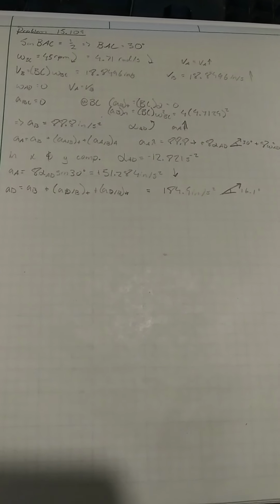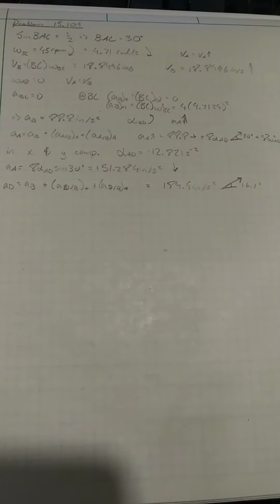And then at BC, we get a sub B tangential equals BC times alpha equals 0, and our a sub B normal, which equals BC times omega sub BC squared, which we can solve and get our a sub B equals 88.827 inches per second squared to the right.